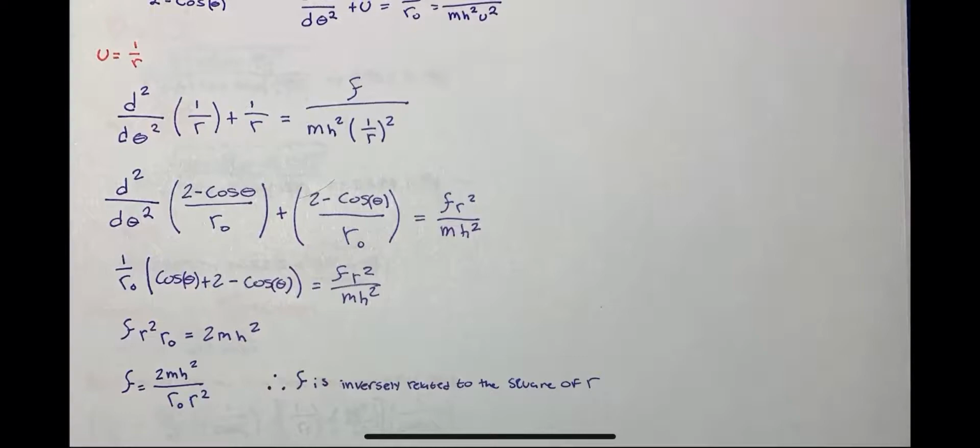Simplifying it further, we'll get the fourth equation. And then solving for f, we see that f is inversely related to the square of r, since it's at the bottom there, in the denominator.